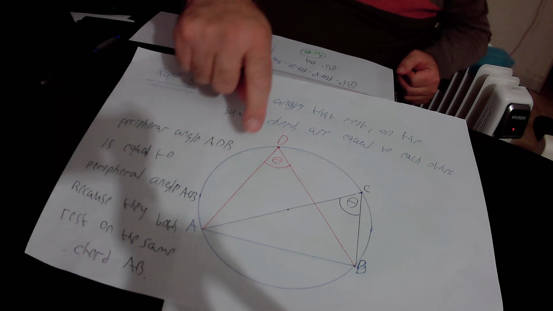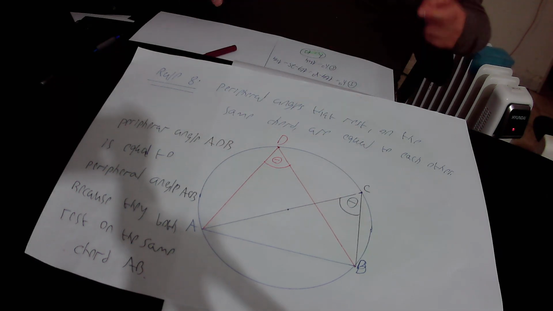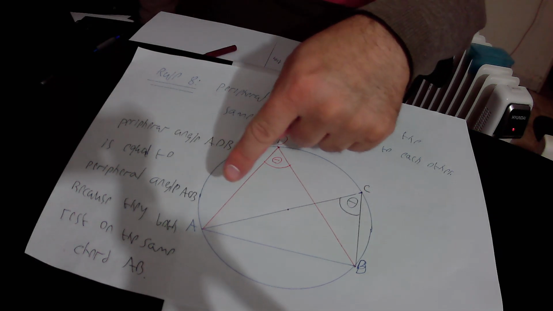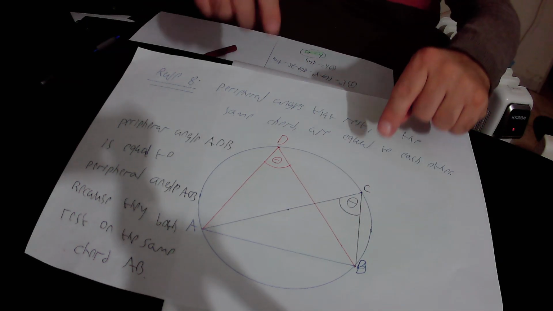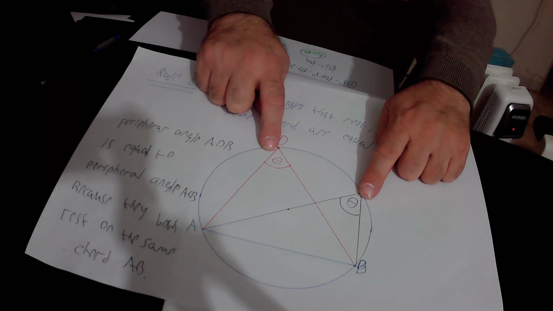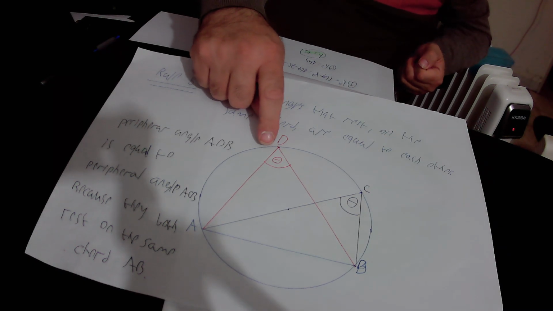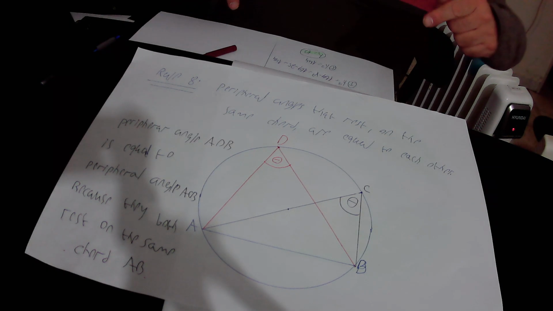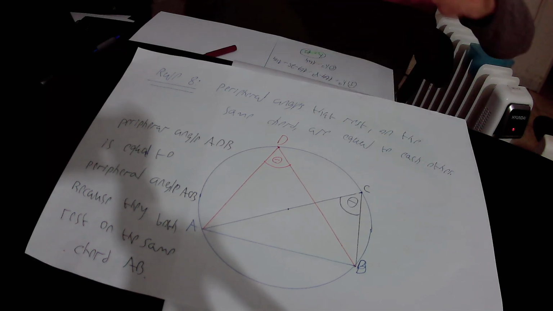Peripheral angle ADB rests on chord AB, and we have another peripheral angle ACB that rests on the same chord AB. Therefore, according to rule number 8, they must be equal to each other. That is to say, if the size of peripheral angle ADB is equal to theta, then the size of peripheral angle ACB must also be equal to theta.